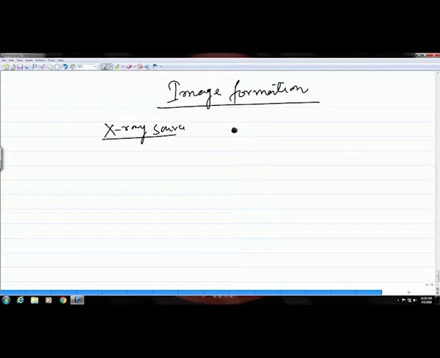And the source should be as small as possible in terms of the spot size. If you have a point source, that is best, but practically using a point source, there are limitations which we are going to talk about now.